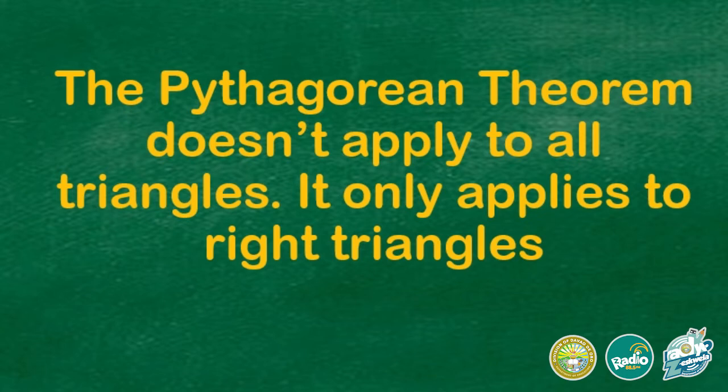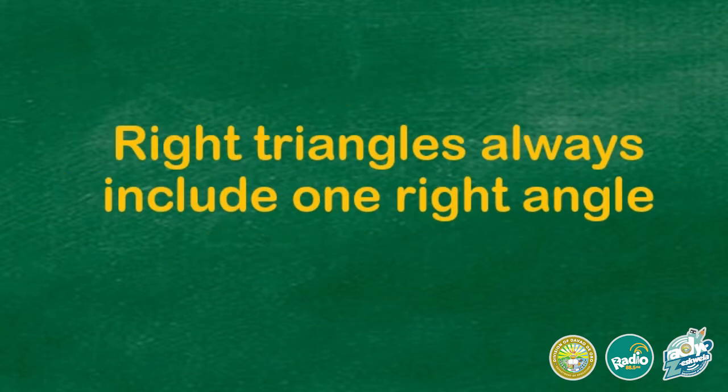As you know, right triangles always include one right angle that you usually see with a square mark that helps you to identify it. But if you cannot see the mark, make sure to identify the right angle correctly because it will help you to identify the one important side of the right triangle, which is the hypotenuse.